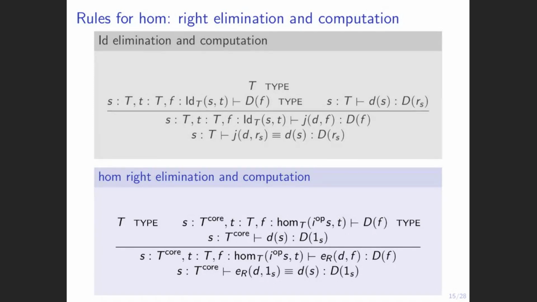But if you have the normal ones that you would expect, then if you replace T with T-core, and you say that core is equal to core, then you would have here T-core, and this whole rule becomes exactly the same as the identity rule. It doesn't look any different. It's just the identity, the elimination and computation rule for the identity type on T-core.